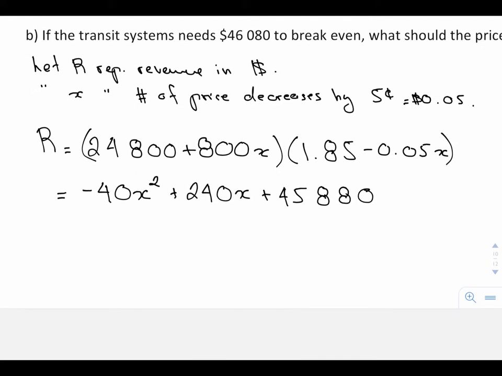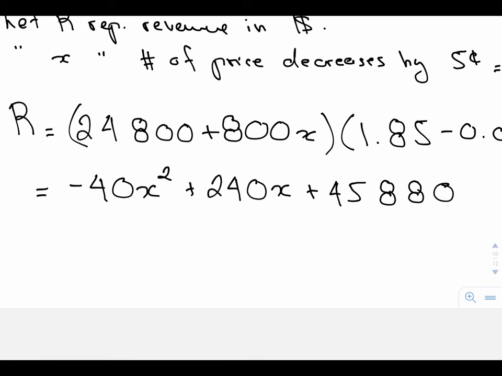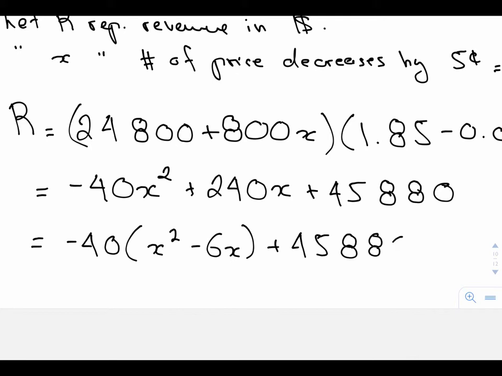To find that maximum revenue, completing the square is in order. So let's begin. Factor out that negative 40. Then I have x squared minus 6x, and 45,880.